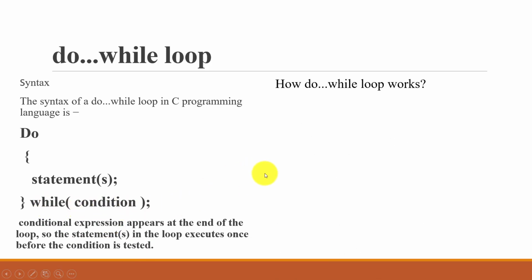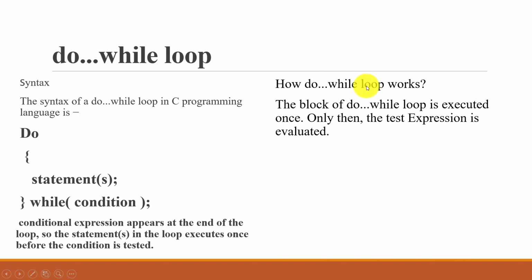Now let's understand how do while loop works. First of all, the block of do, that is this group of statements, is executed once, so all these statements are going to be executed, and after that you check the condition. Only then the test expression is evaluated, because here we are not checking any condition first.